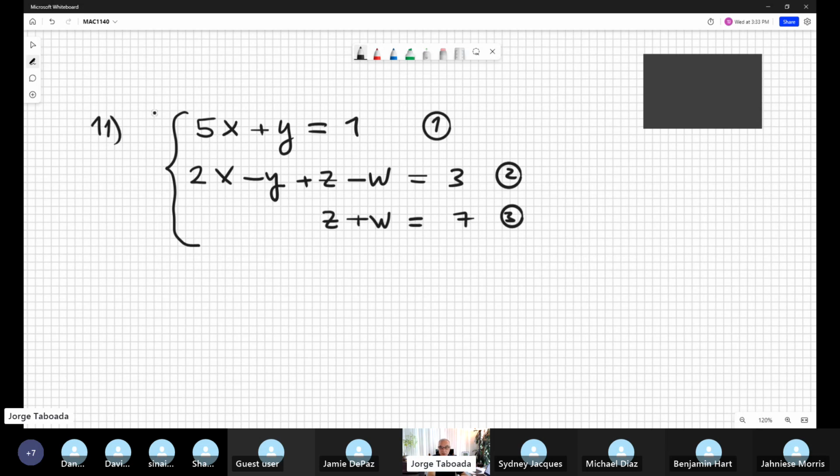Okay, how many equations do we have in that problem? We have 3. How many unknowns do we have in this problem? We have x, y, z, and w. 4. 4 and 3.